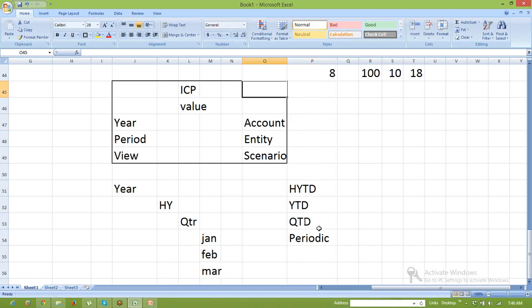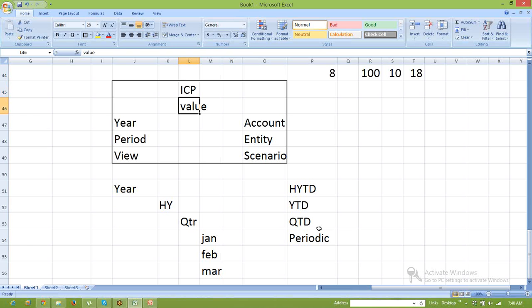And the ICP dimension is nothing but your intercompany partners. So whatever intercompany transactions we are taking from your source system, that data will be eliminated at the time of consolidation. We have a separate module for ICP: how the data is getting loaded into the HFM application and where it is eliminated.